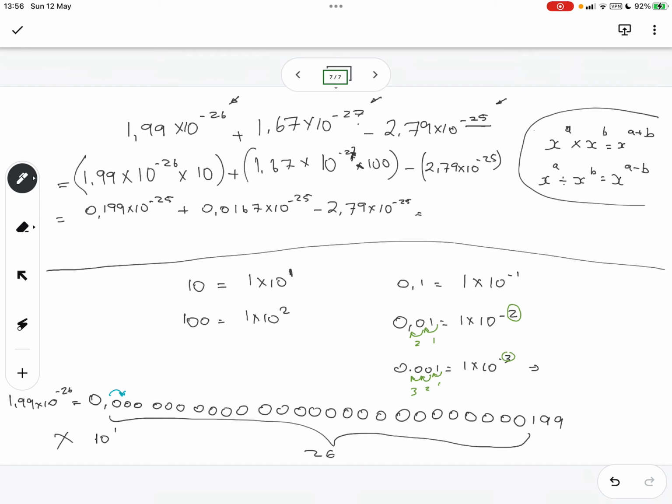Because the exponents are the same, we can simply add negative 2.79 to 0.0167 and 0.199, and the answer then becomes negative 2.5743 times 10 to the power negative 25.